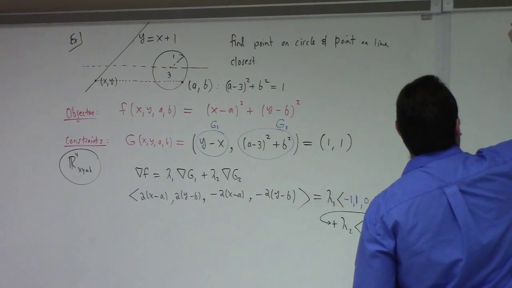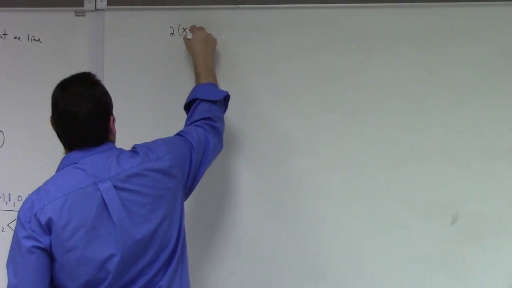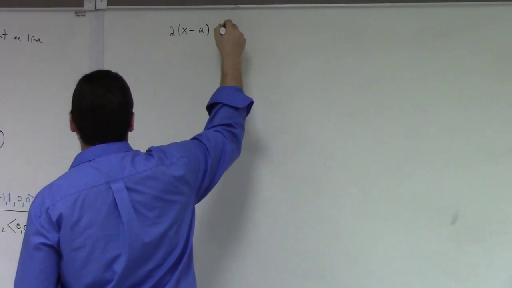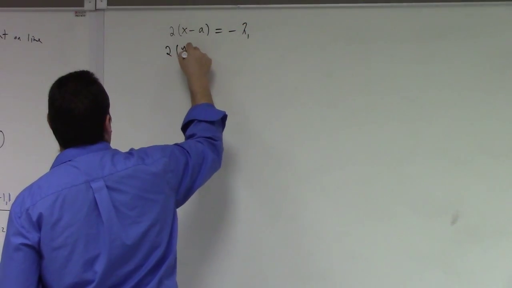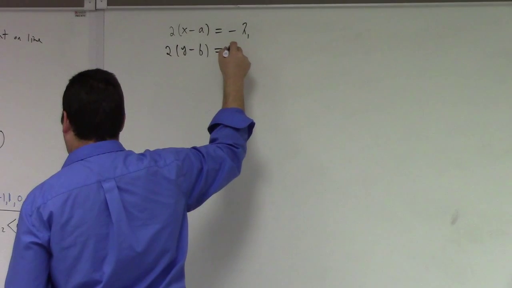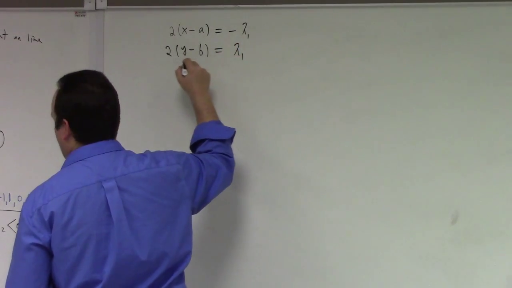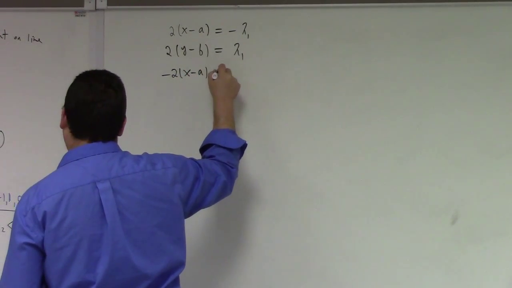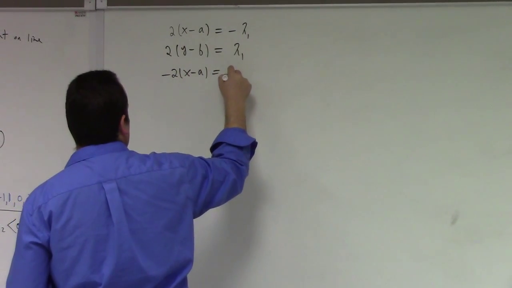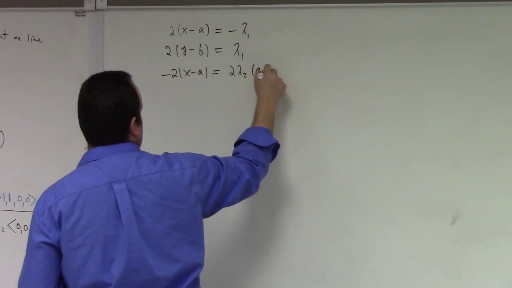And so then you've got these lovely equations to solve. You've got 2 times x minus a is equal to minus lambda 1. You've got 2 times y minus b is equal to lambda 1. You've got minus 2 times x minus a is equal to 2 lambda 2 times a minus 3.